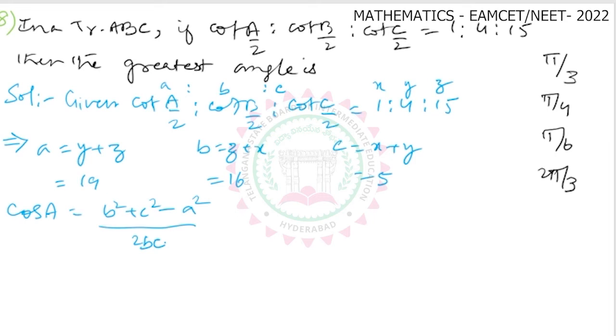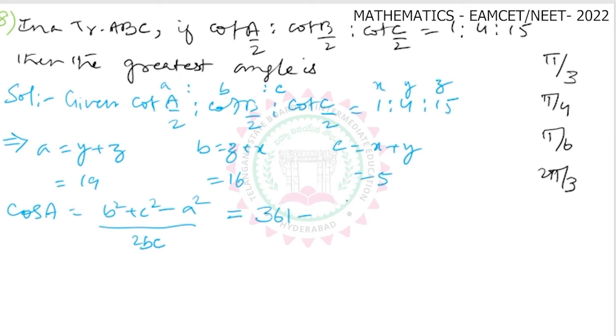Right? Now, let us substitute the values: B square plus C square minus A square by 2BC. That is 361, right?